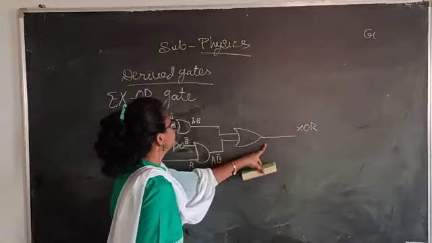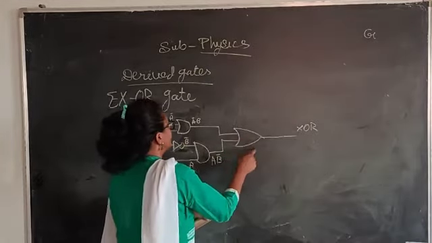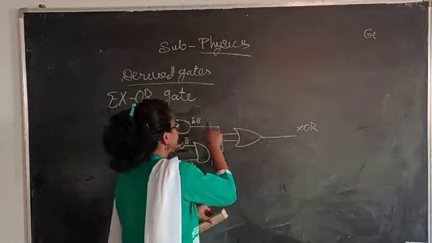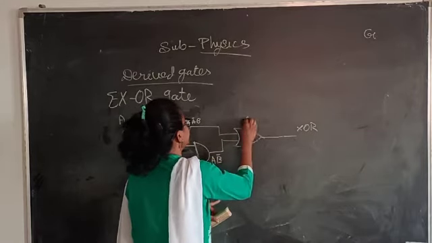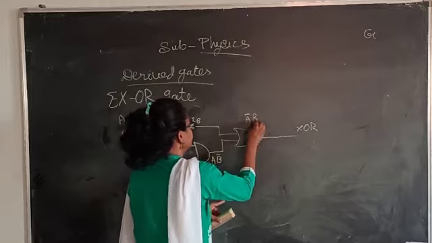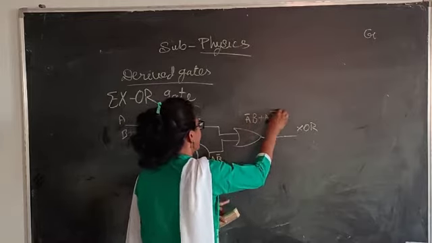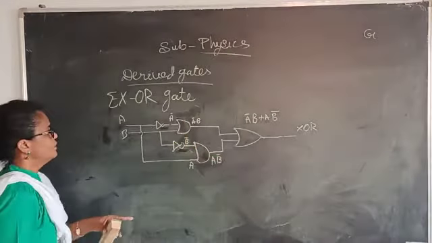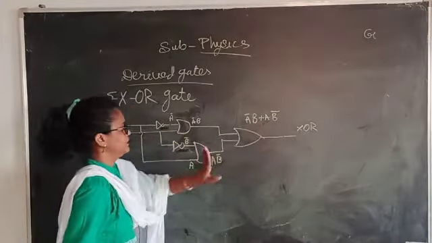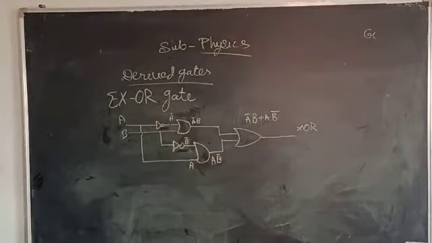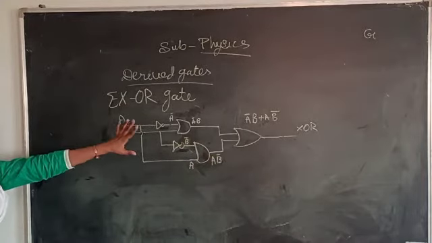At this point is the OR gate. It will simply add the two, so the output is A bar B plus A B bar.